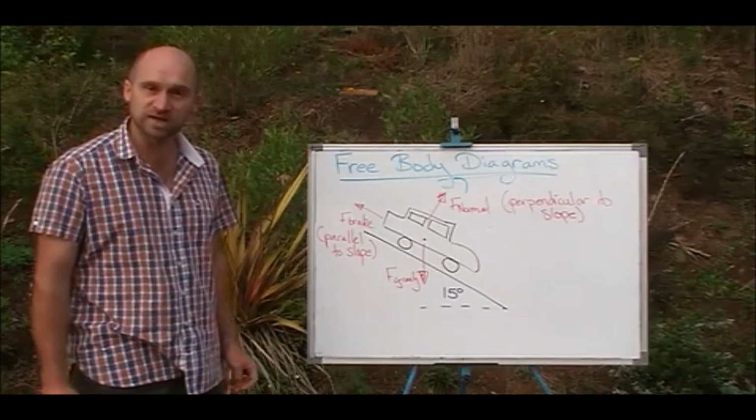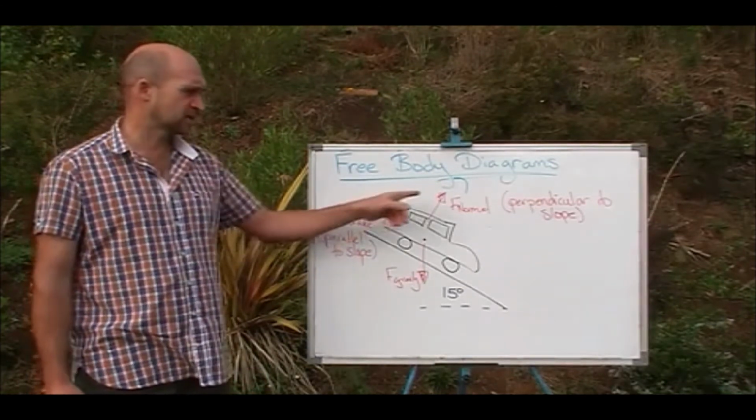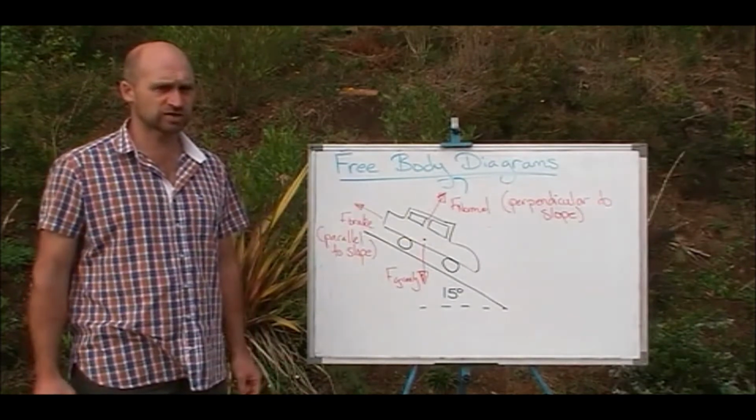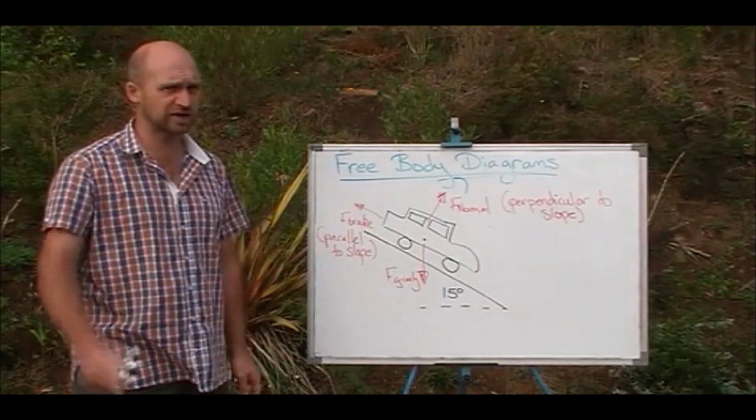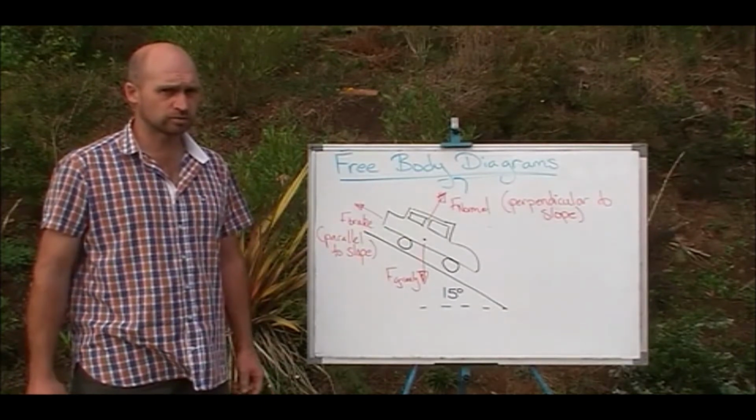And it's going to be a right-angled triangle because the brake force and the normal force are at right angles to each other. So once again, pause the video, have a go at drawing the triangle before I do it for you.